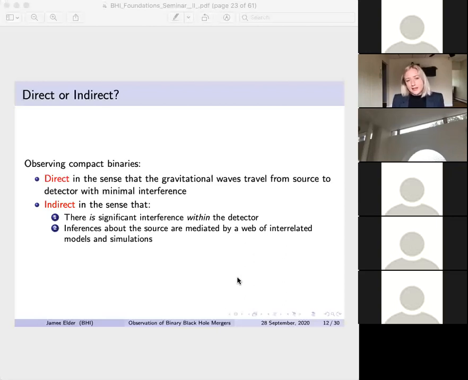And secondly, and of more interest for today, the inferences about the binary black hole system, the source, are mediated by a web of interrelated models and simulations. And so the inferences that you make based on the gravitational wave signal about the source are a bit more messy and convoluted, I suppose, in terms of how exactly you validate the observations.